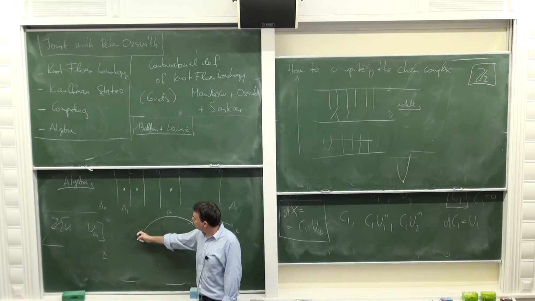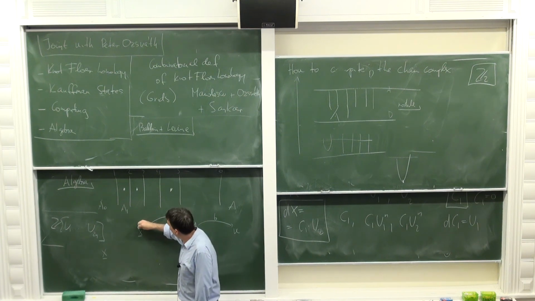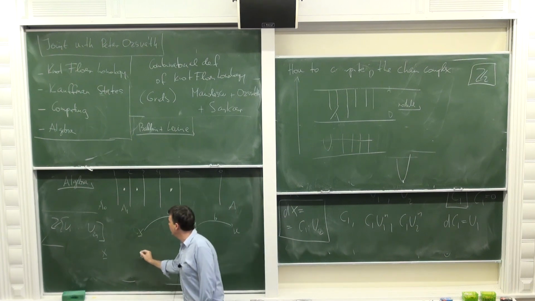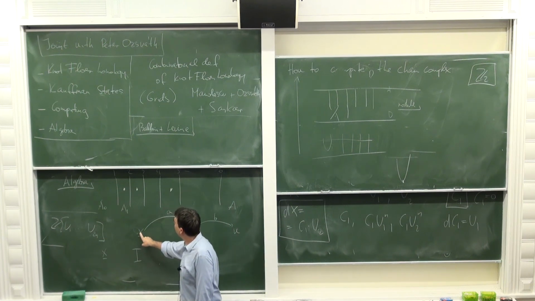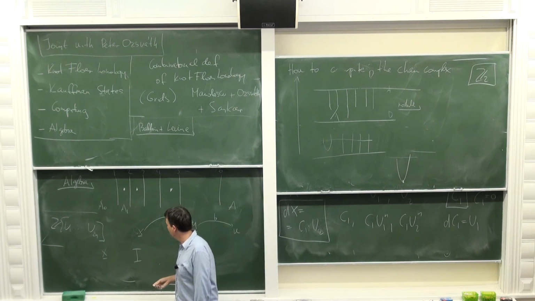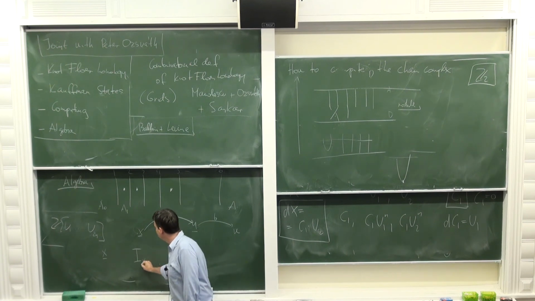There are some special algebra elements going from x to x that are almost the same as 1s. These are idempotents. So for each of these choices, 2n minus 1 choose n choices, we have an idempotent.